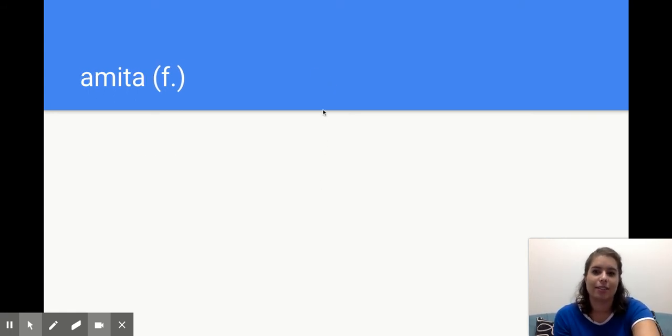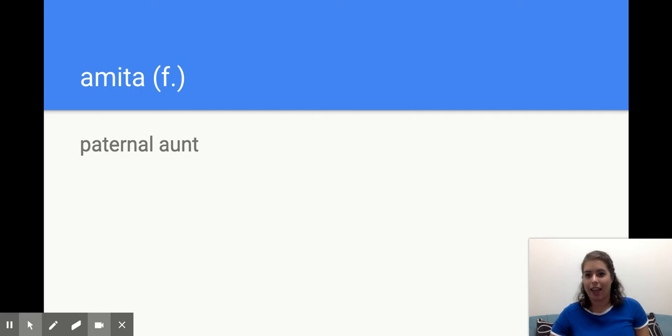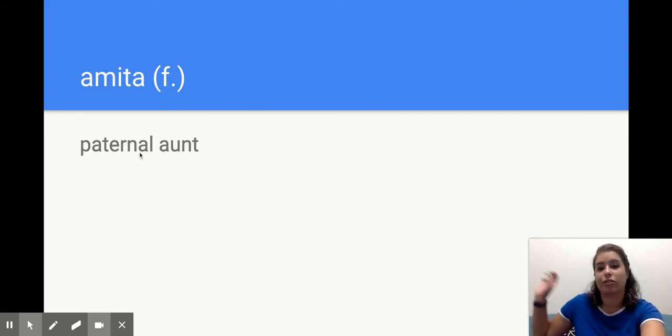Amita. This is feminine. This is our word for a paternal aunt. And this is where Latin likes to get very specific about what side of the family your aunt and uncle is on. So a paternal aunt is an aunt on your father's side. So it's an aunt that you have that's related to your dad.